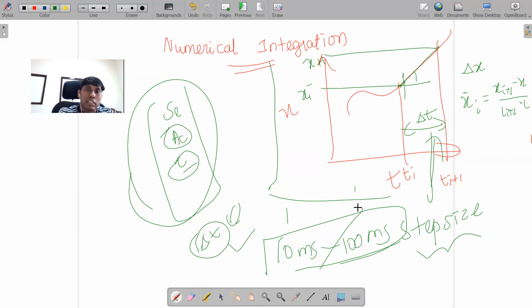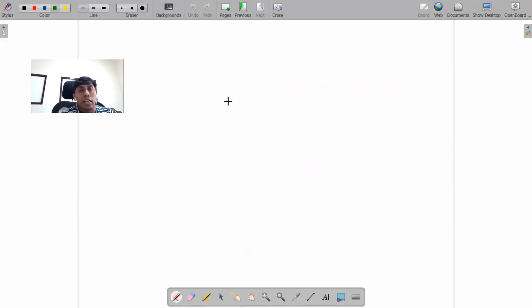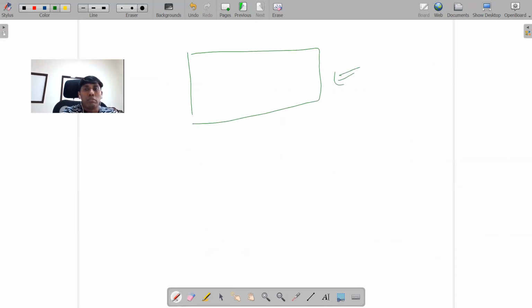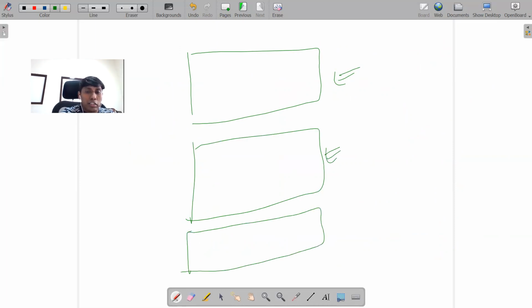When we start this kind of understanding, what we really need is one simple aspect. You need to write code because it is numerical. If you are writing code, what is supposed to be there? You write your solver detail, the system detail, then the initial condition, then the numerical integration part, and finally you plot.